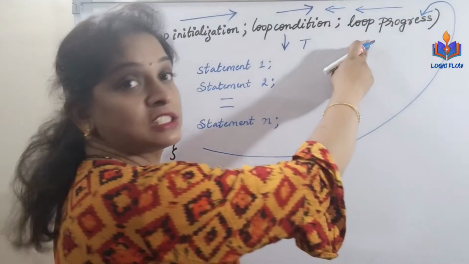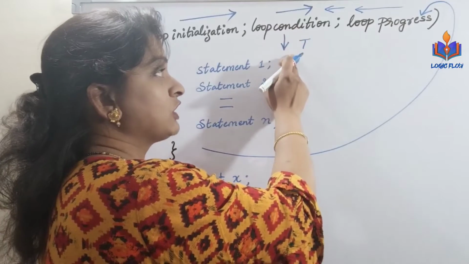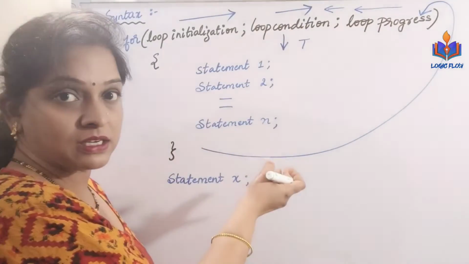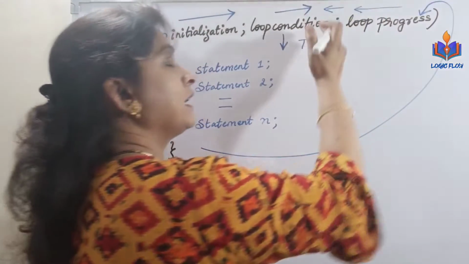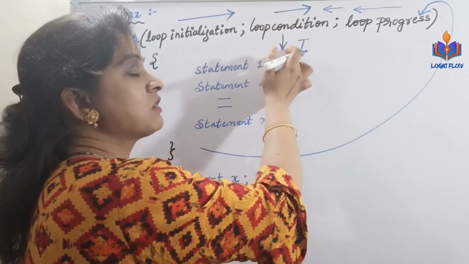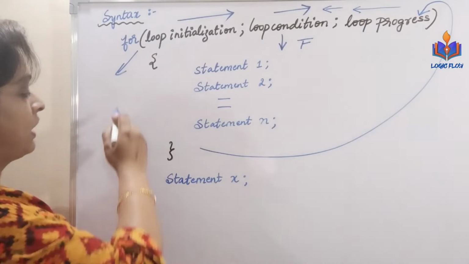Again loop progress takes place. Again check the condition with iterated value. If the condition once again evaluates as true, then once again get inside and execute the block of statements. Then again loop back. Again iteration takes place. Then check the condition. If the condition evaluates as false, then come out of the loop and the control will go to statement X.